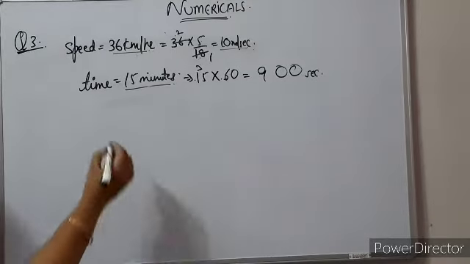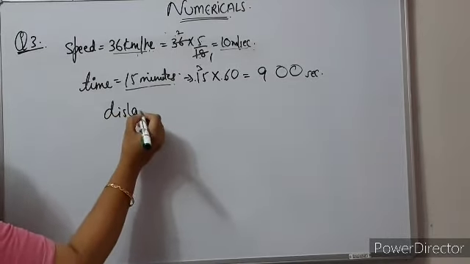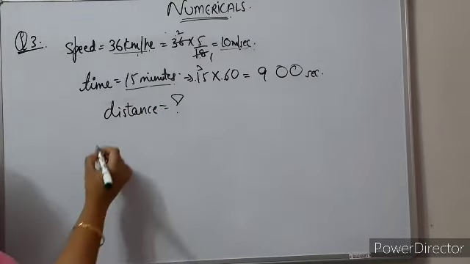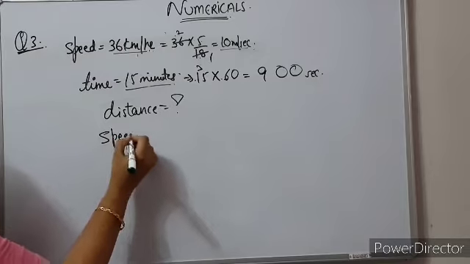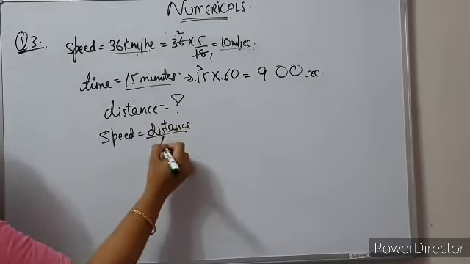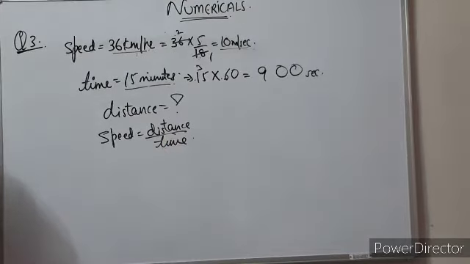seconds. Now what we have to find out is distance. So which formula are we going to apply? That is speed is equal to distance over time.